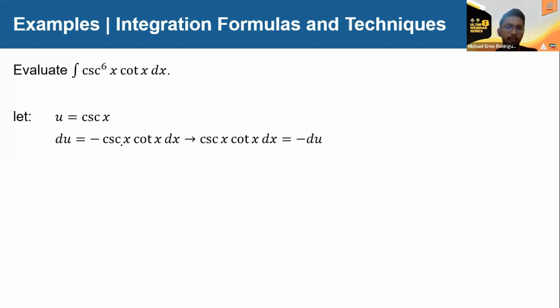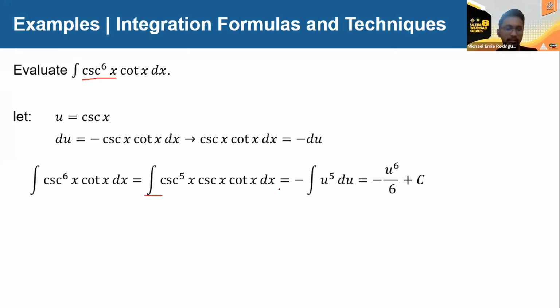Okay? So, ang mangyayari, kuha tayo ng isa sa cosecant. So, magiging integral of cosecant raised to 5 of x times cosecant x cotangent x dx. Okay? So, 5 na lang, no? Kumuha tayo ng isa.